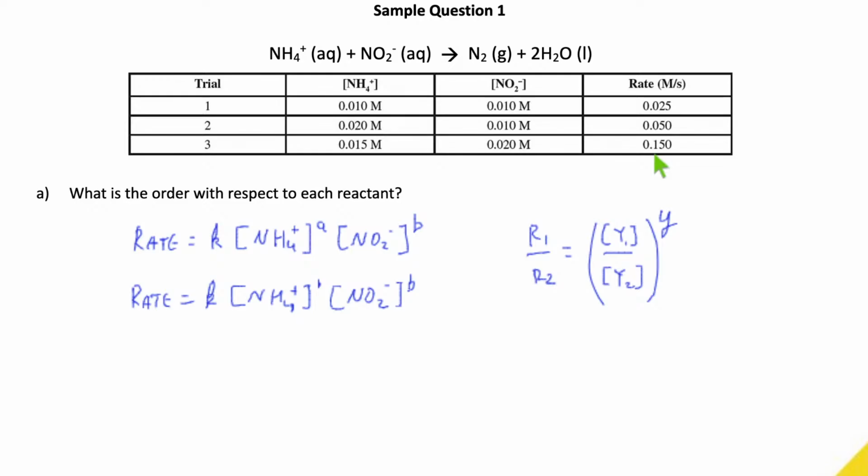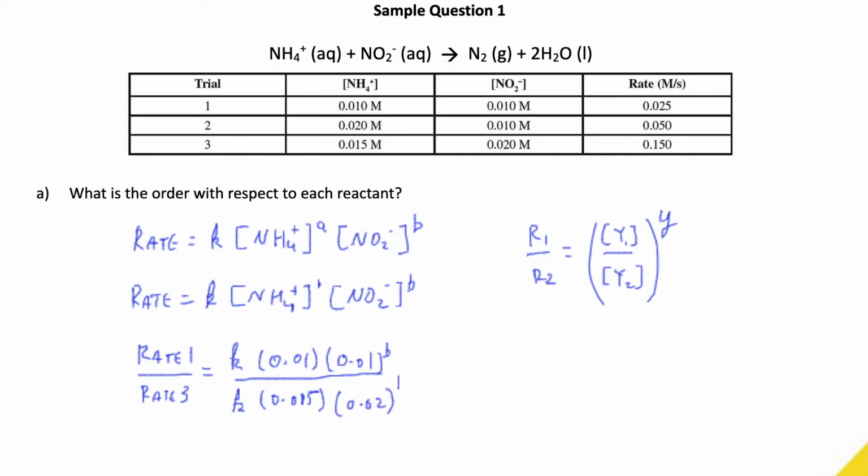Well, what I can do is say rate 1 over rate 3 is equal to the same constant K, times the concentration of ammonium in rate 1, which is 0.01, times the concentration of the nitrite, 0.01 to the power B, divided by K times 0.015 and 0.02 to the power B. And I know rate 1 over rate 3 is 0.025 over 0.150.